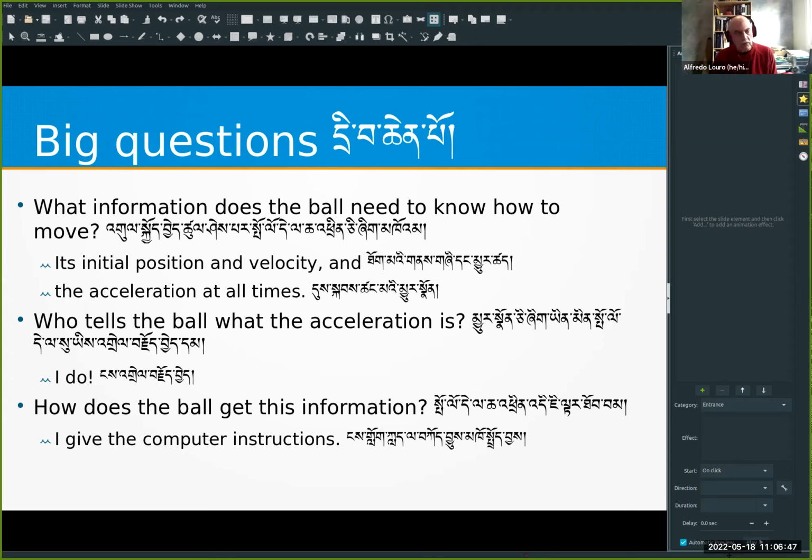So one kind of information is how to start the process. This is what is known as the initial conditions of the motion. And the other kind of information that the computer needs is what is the acceleration of the ball at all times.